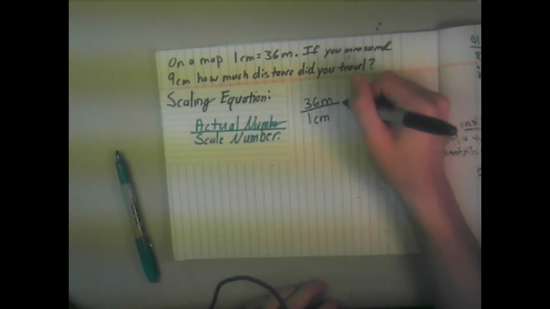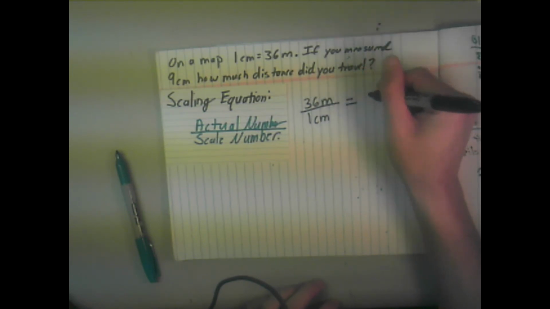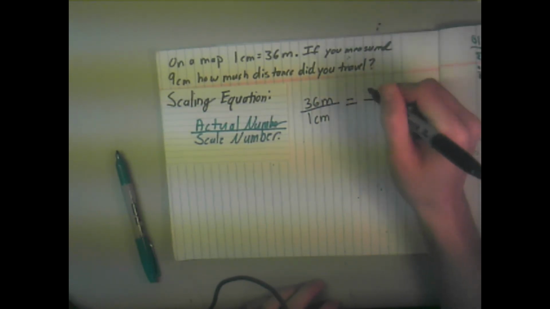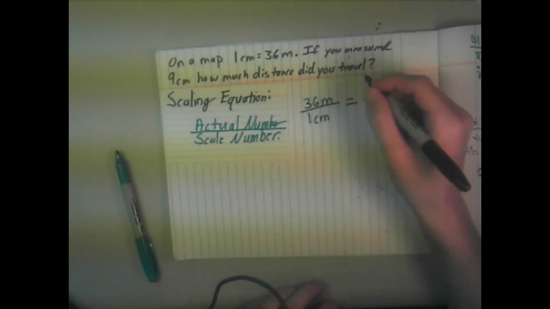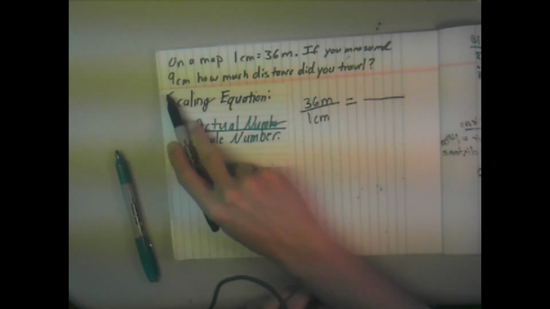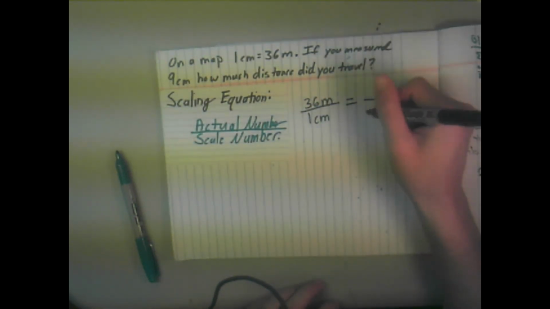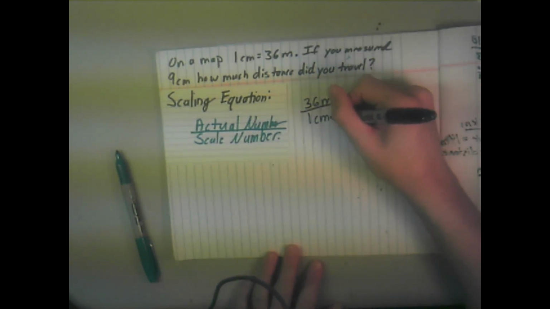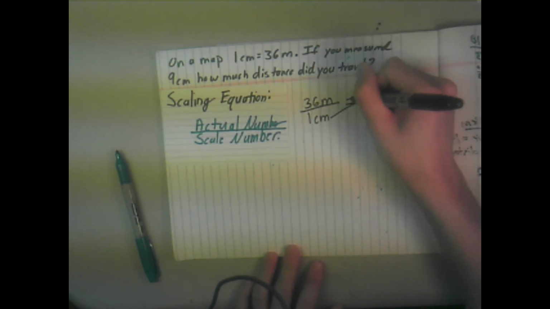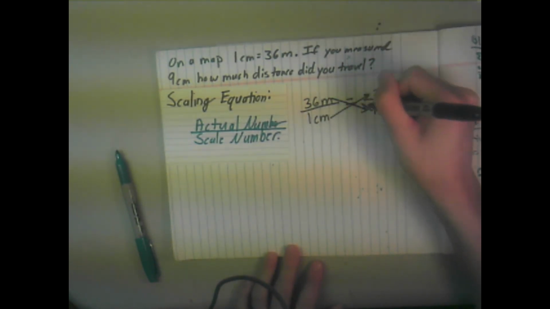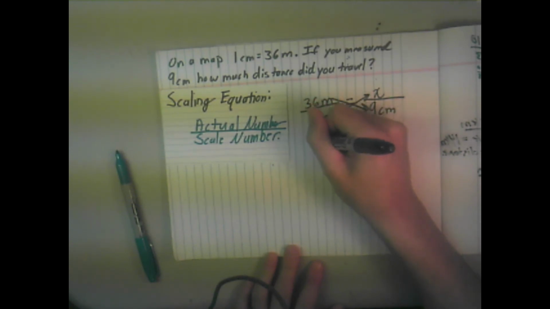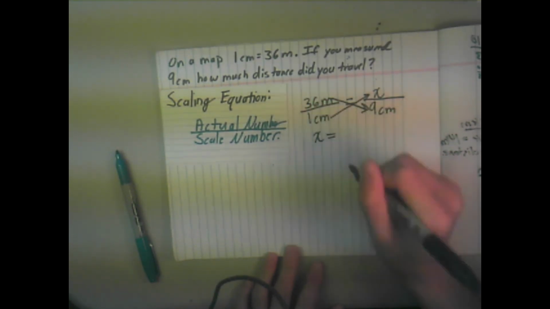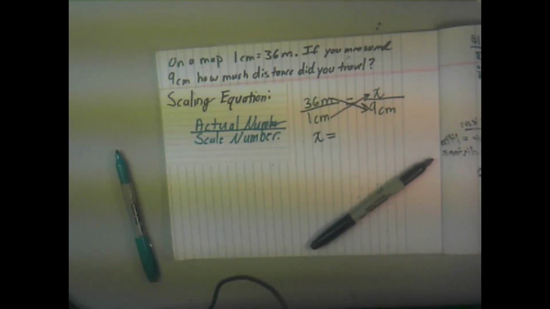Now following here, where did our centimeters go? On top or bottom? Well, it measured on bottom. It says you measured 9 centimeters. So you put 9 centimeters on the bottom and our x on top. Still follow the same exact thing as we did before. We cross multiply. What's 1 times x? Well, that gives you just x. What is 36 times 9?